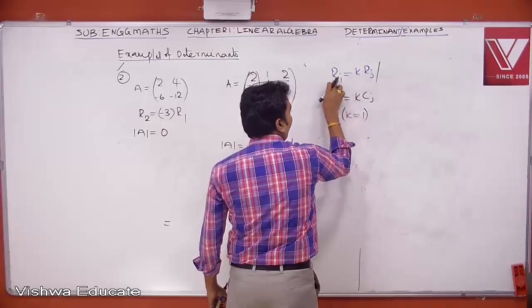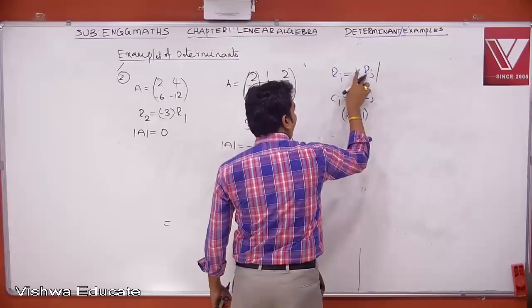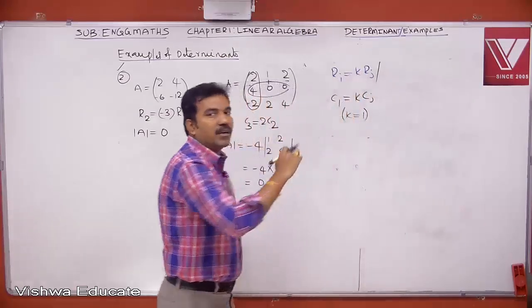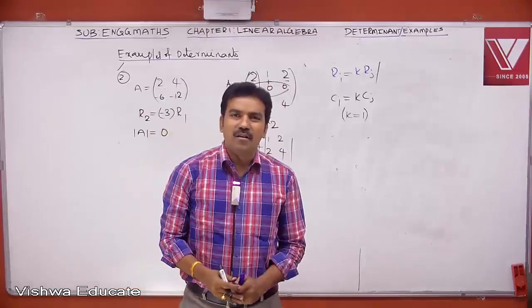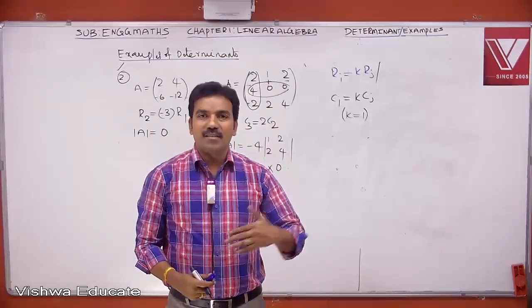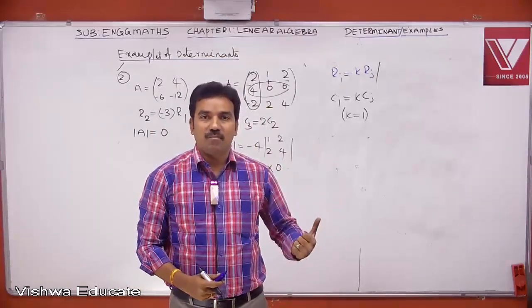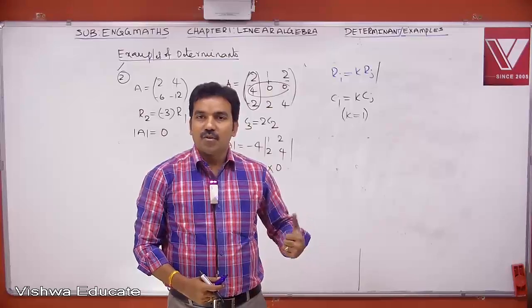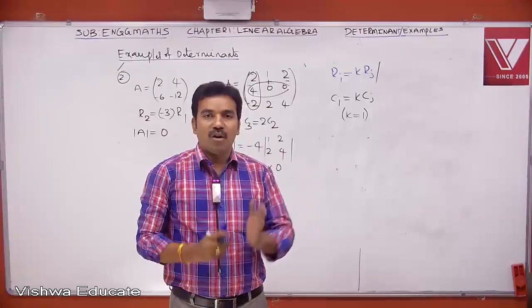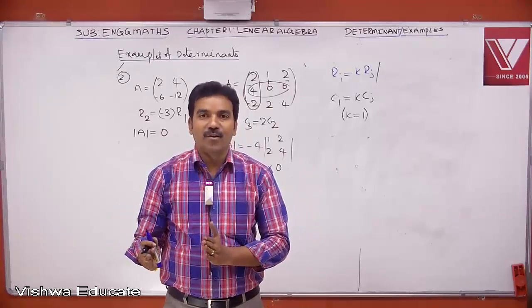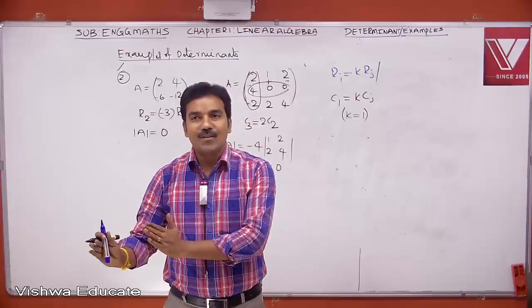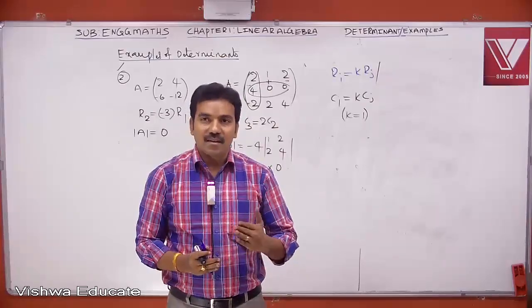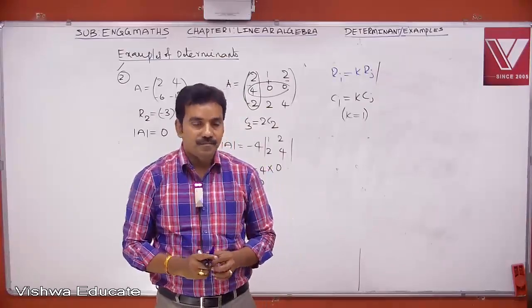If k equal to 1, ith row equal to jth row, that means when two identical rows are there, then that becomes 0. So therefore, the second category example is a particular case of the first category example, right? So this is the more generalized case. One row is a constant multiple of another row, or one column is a constant multiple of another column. In that case, that is 0.